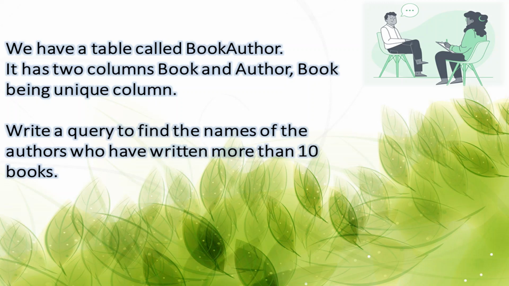We don't need the count in the select part. So if I select author from the table book author and group by author, then having count greater than 10. Count is a method, so which column name do we have to pass to the count here? The author column.